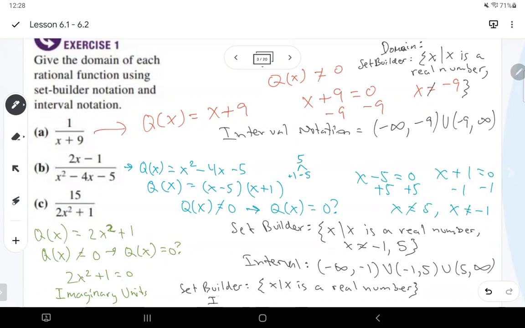And the interval notation is from -infinity to +infinity.